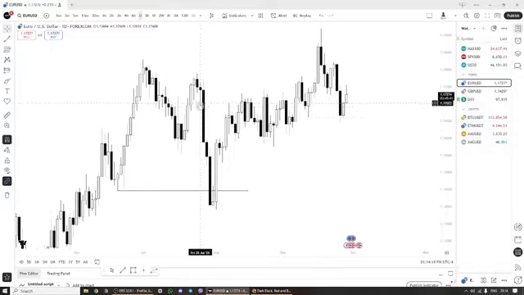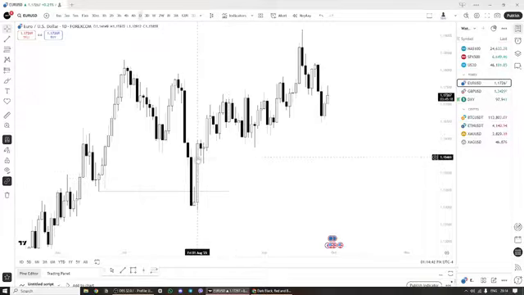Because these are imbalanced areas, there are inefficiencies. So here we have to bring buy side liquidity in order to fill this sell side imbalance. And here is the opposite.